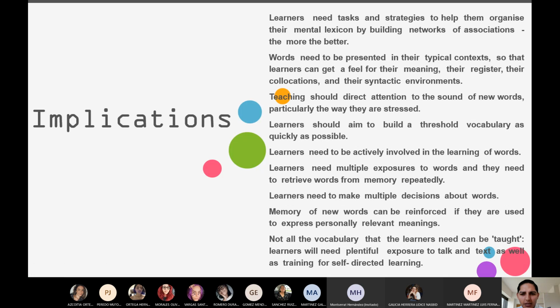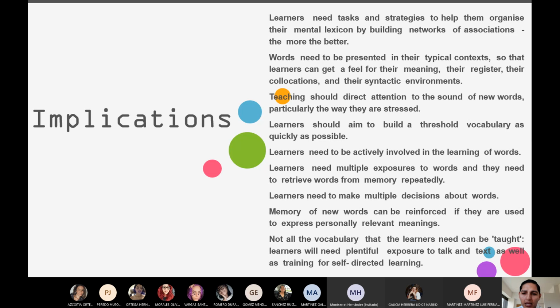Now, learners need to make decisions about the word. Memory of new words can be reinforced if they are used to express personally relevant meanings, meaningfulness, significance of words and contexts, so that the students can appropriate words, so that internalization can take place.